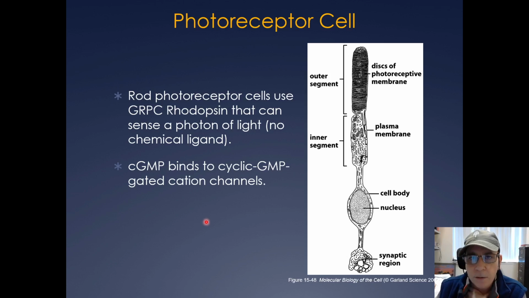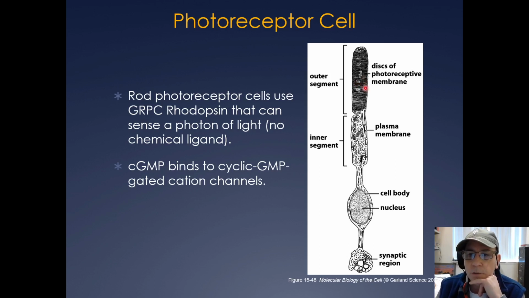Okay, so here is basically a photoreceptor cell. We have discs of photoreactive membranes here, and then you have your inner segment, your cell body with the nucleus, and then your synaptic region down here. And the rod photoreceptors up here in the photoreceptor membrane actually use a molecule called rhodopsin, which is a G-protein coupled receptor that actually doesn't have any chemical ligand.